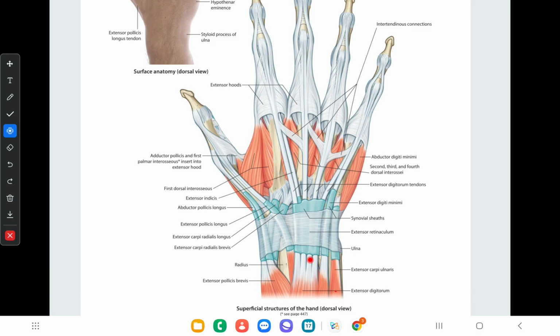So, when the radial nerve is damaged after giving a branch to the extensor carpi radialis longus muscle, that means at the level of the lateral epicondyle or after, it has already given a branch to this muscle. So there is no wrist drop, because the extensor carpi radialis longus muscle alone can extend the wrist joint.